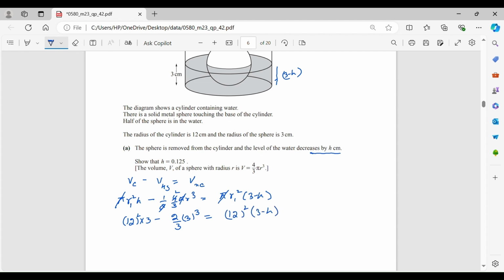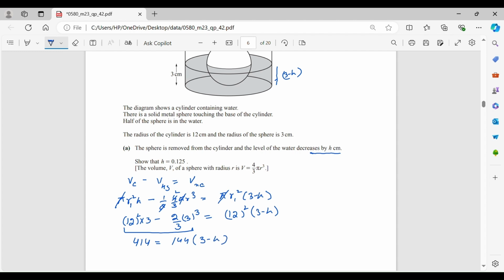Let's solve it. We will use the calculator for this. This whole thing will be equal to 414. This is equal to 144 bracket 3 minus h, right?